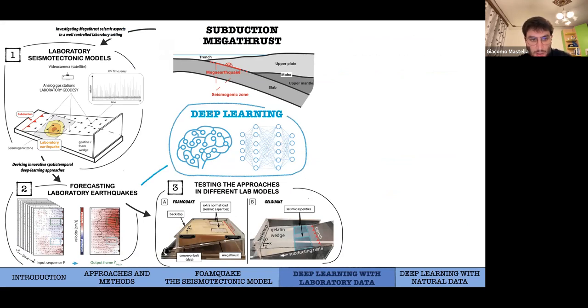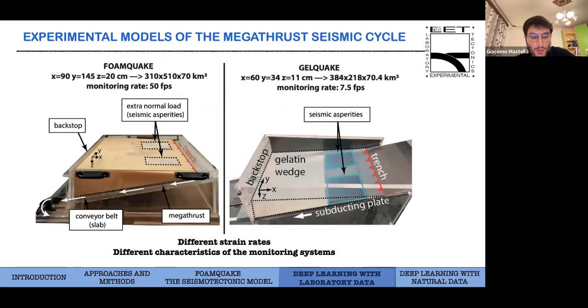Before explaining how our prediction strategy works, I would like to underline that we decided to apply this method to different kinds of data acquired with different experiments, not only with FOAMQUAKE, but even with data derived from the GELQUAKE experiment, which is another megathrust analog model where the main difference with respect to FOAMQUAKE lies simply in the fact that the wedge that mimics the behavior of the upper crust is a gelatin wedge.